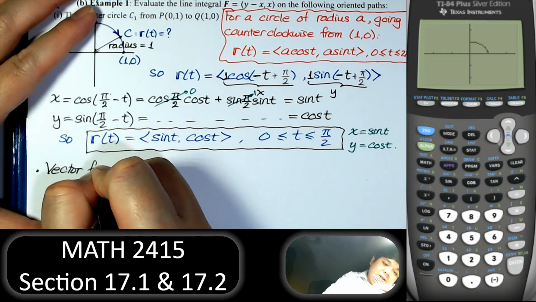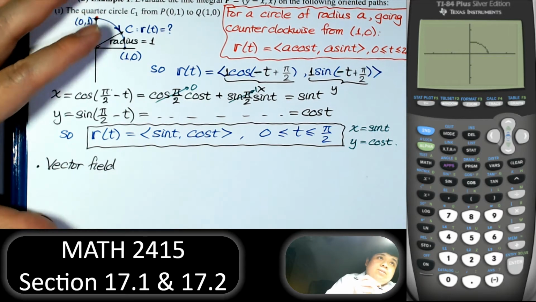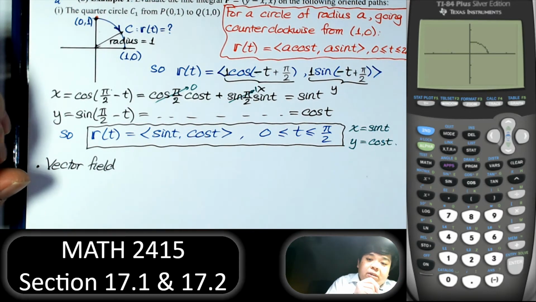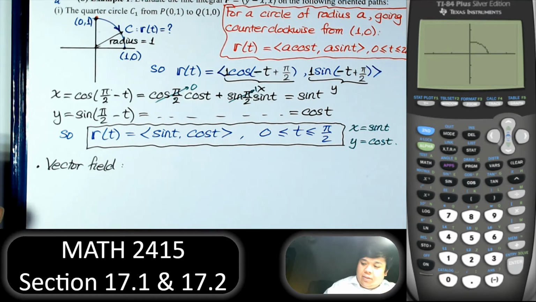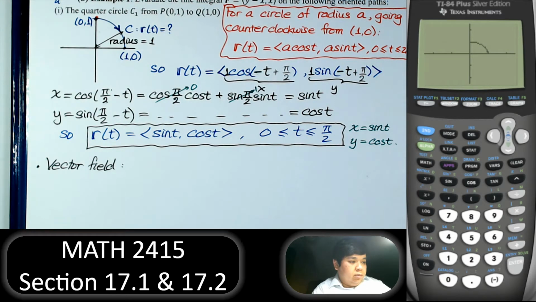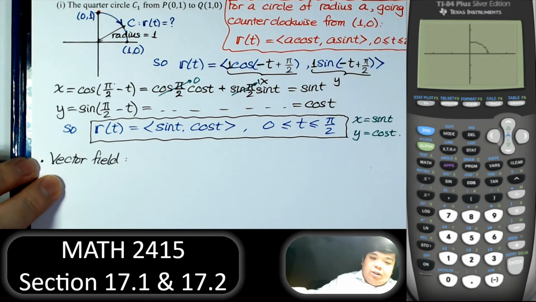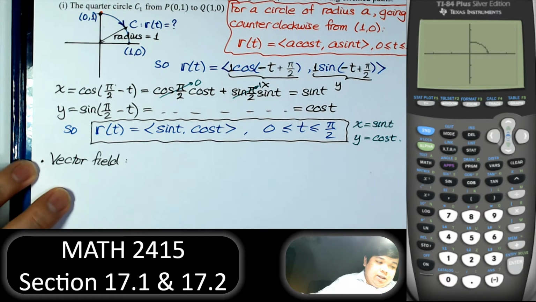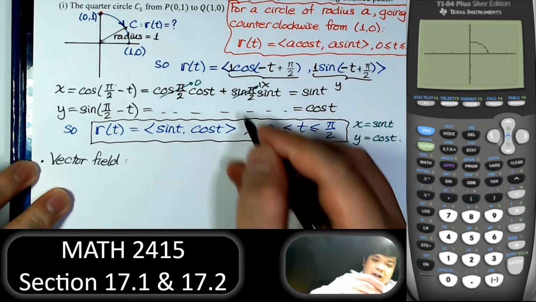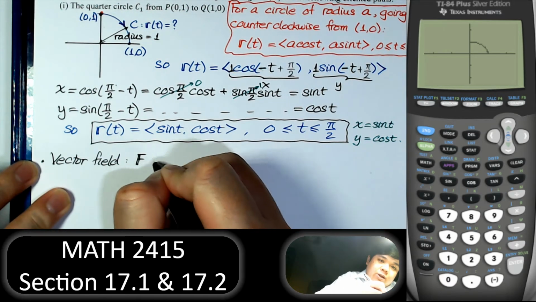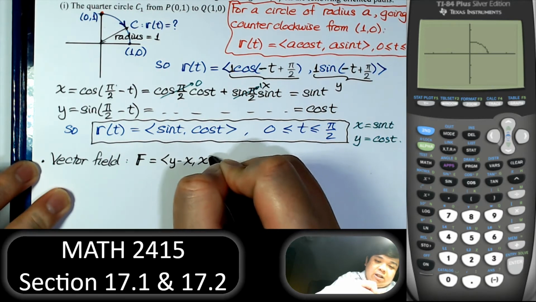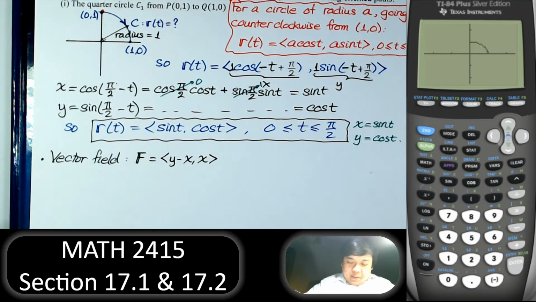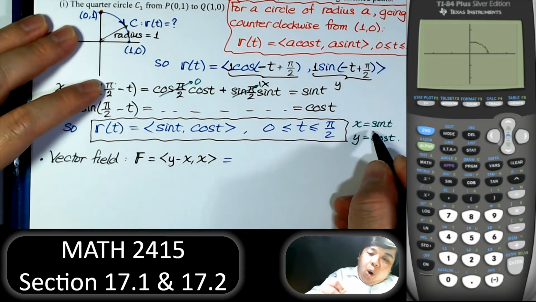Again, I need more space for this problem. Right, the vector field, given that f is equal to y minus x and x, y.